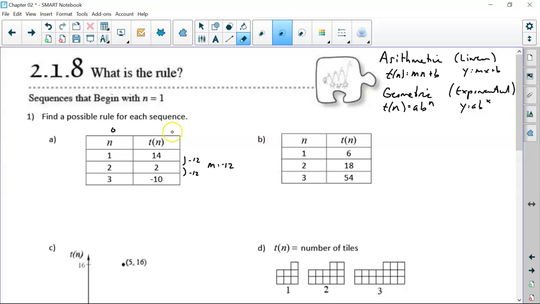So to go backwards, we're going to be adding 12. And 14 plus 12 is 26. So 26, that's our initial, our y-intercept. So t of n equals our slope, negative 12n, plus our term 0, 26. There's our arithmetic sequence.